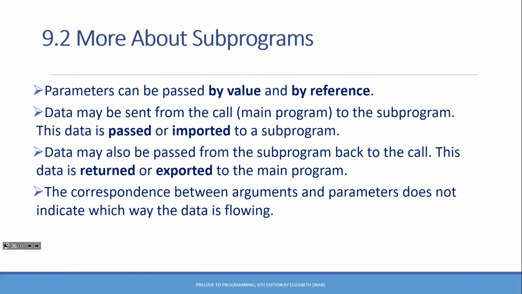Now, when we pass this variable A from function 1 to function 2, function 2 is going to do something to A. Let's say it's going to say A equals A plus 45, and then it's going to be done.